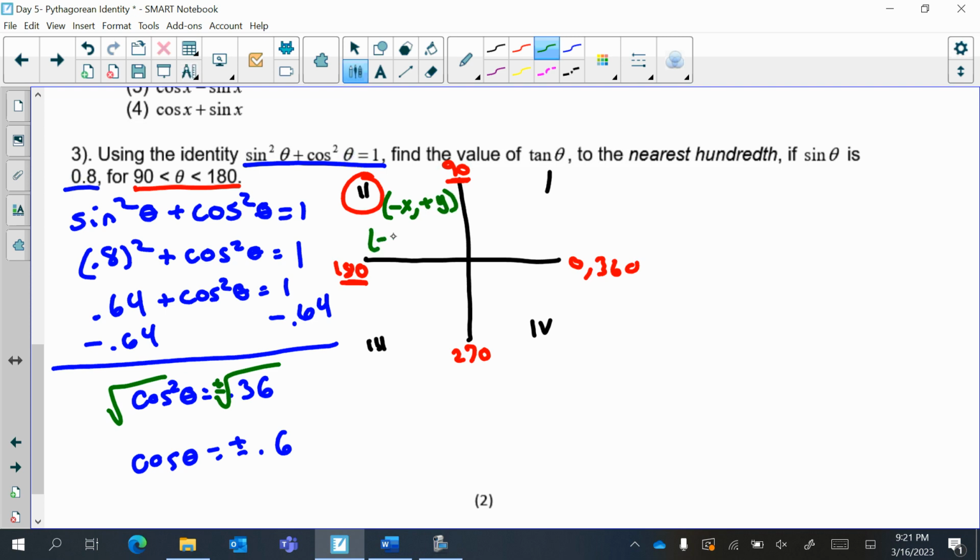So that means we're going to have negative cosine, and we're going to have positive sine in that quadrant. Now, we wanted, what is cosine? I know cosine is negative. So I'm going to say cosine of theta is negative 0.6.